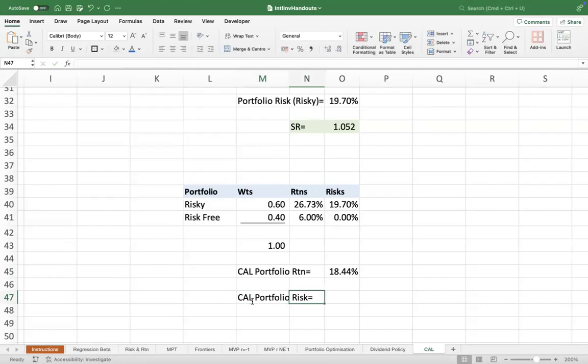What is sigma C? Now look, weight of the risky into standard deviation of the risky portfolio. Because what would we have done? WA squared sigma A squared, the rest is zero. The same comes. So my portfolio risk is what we used in the derivation, in this case 11.82%.